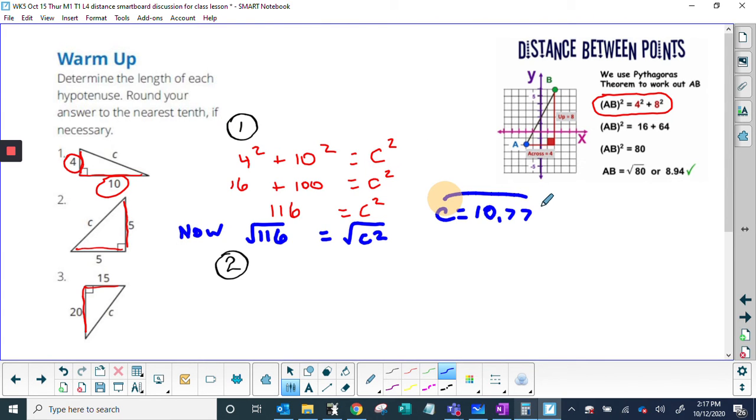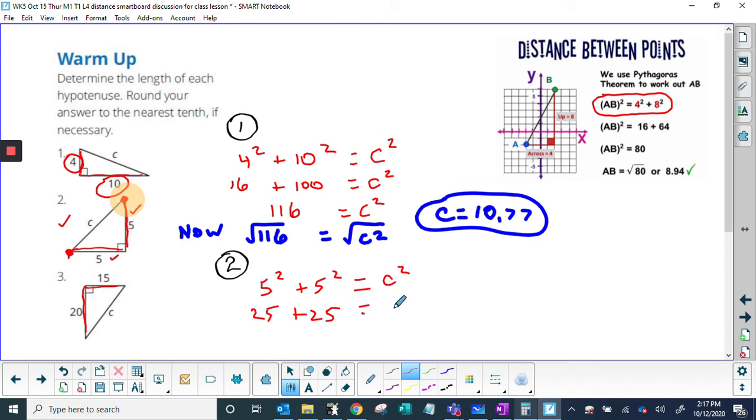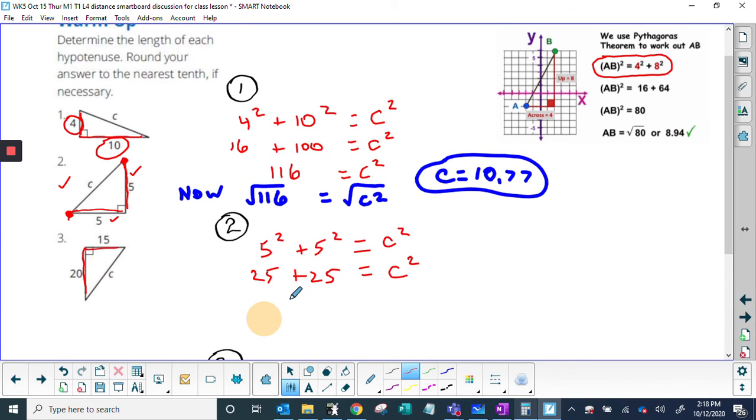Okay? All right, next one. This leg squared plus this leg squared equals that leg squared. So 5 squared plus 5 squared is equal to the distance that we're looking for, squared. 5 times 5 is 25. 5 times 5 is 25. And it is equal to C squared. Add them together and we get 50 equals C squared.